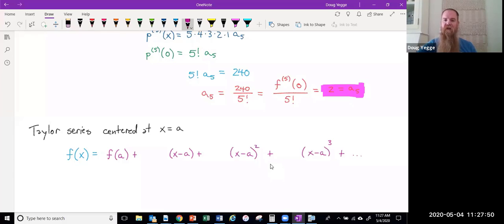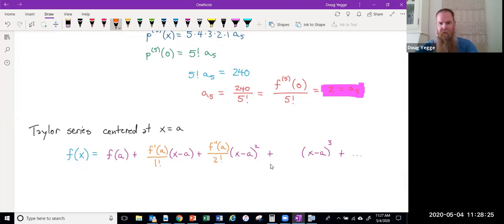But notice what we have just learned is that the coefficient of each of these terms is nothing more than the derivative of the function at A divided by 1 factorial, which means the next one is the second derivative evaluated at A divided by 2 factorial.